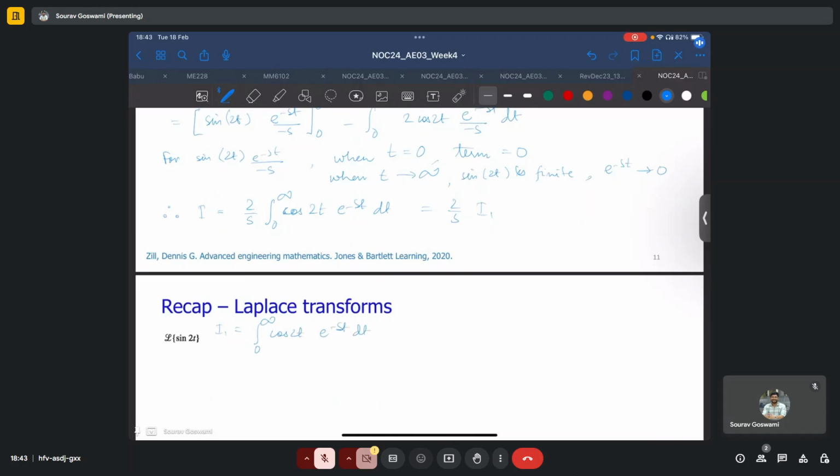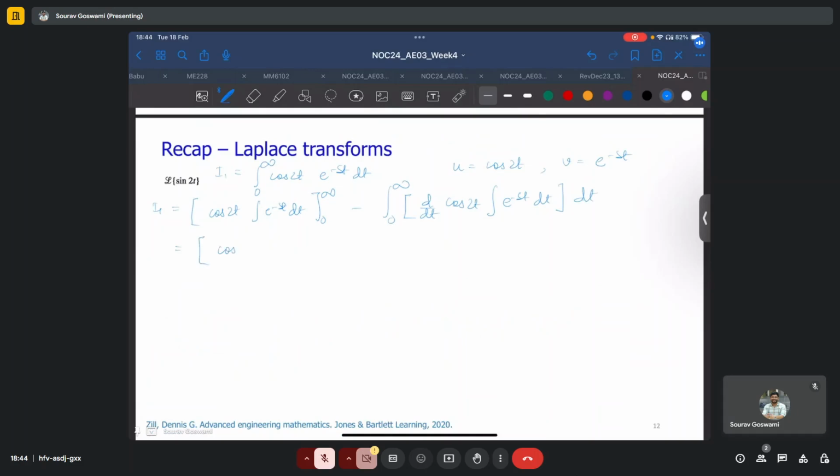Again, as per our product rule, we take u equals cos 2t, v equals e power minus st, and then I1 becomes u times the integral of v dt, minus the integral of the derivative of u times the integral of v dt, whole times dt.